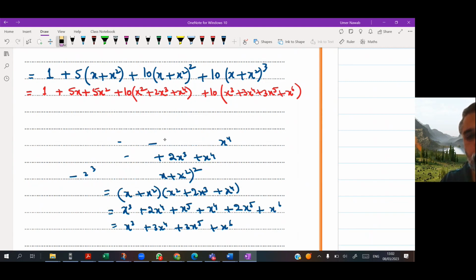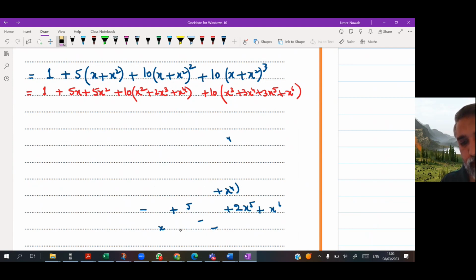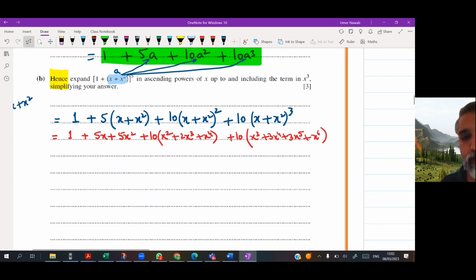I'm sure you guys are not convinced with this computation because the marks are 3 and I spend a lot of time on it. Can I tell you what is the background of this expansion which is asked by the examiner? He doesn't want to waste your time. You know what you need to do when I ask you to find x plus x squared raised by 2.